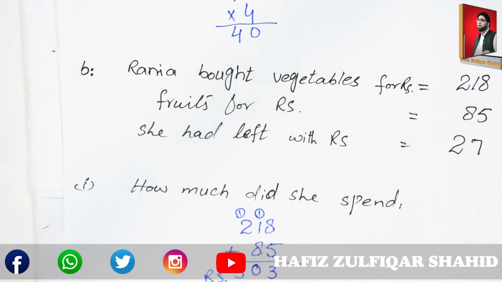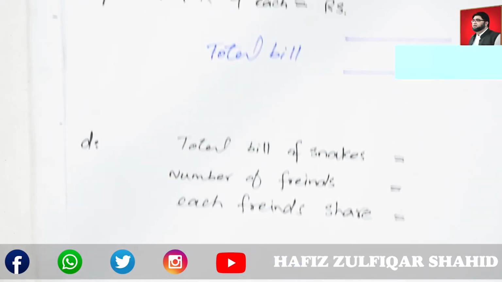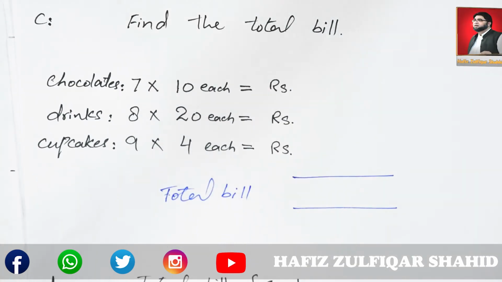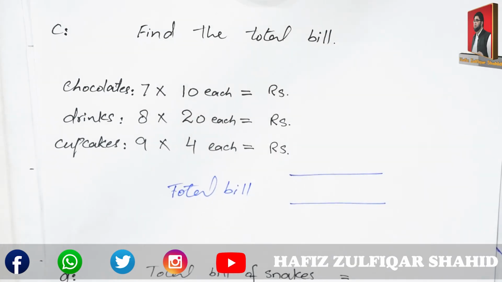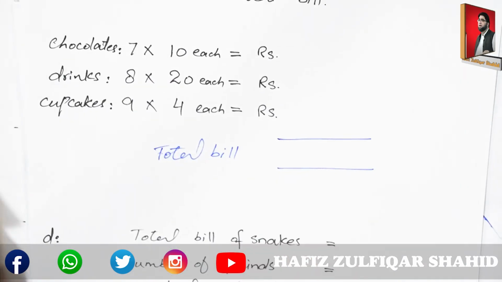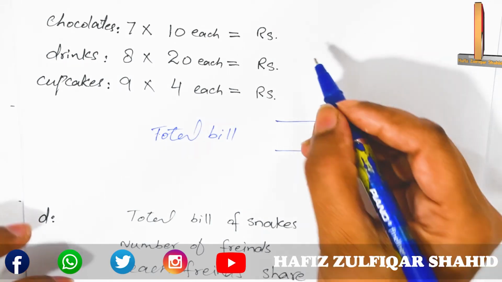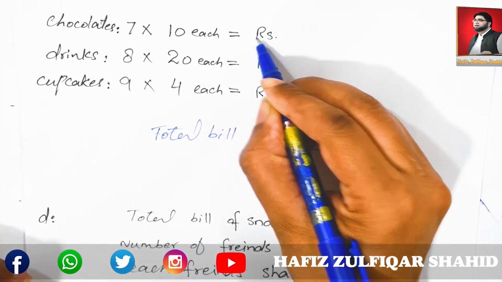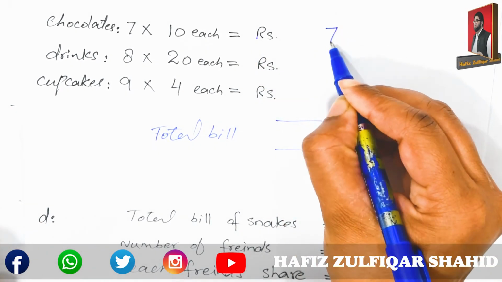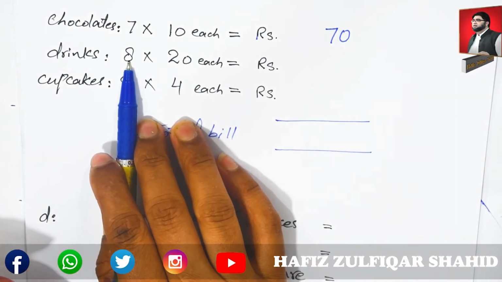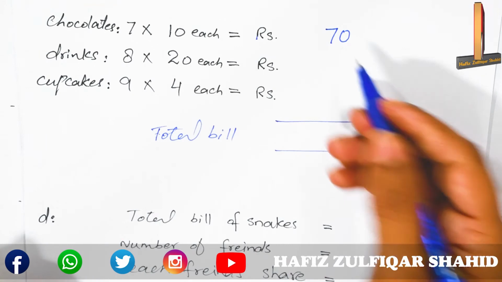Let's solve this question. First of all, if someone purchased 7 chocolates and paid 10 rupees for each, how many rupees does he or she have to pay? It must be 70 rupees. Next, multiply 8 and 20 for the drinks bill.